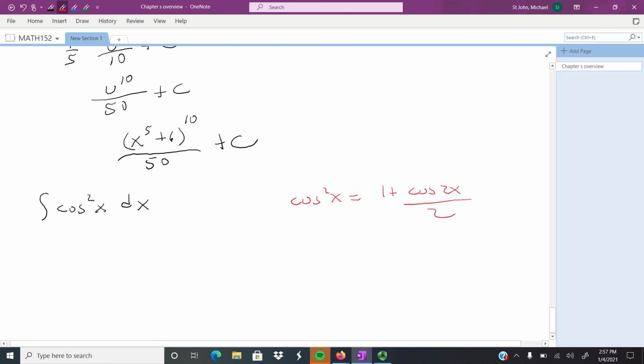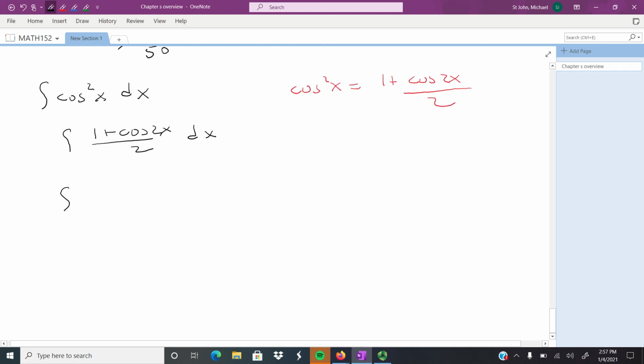So cosine squared x dx we can rewrite as the integral of 1 plus cosine 2x over 2 dx.